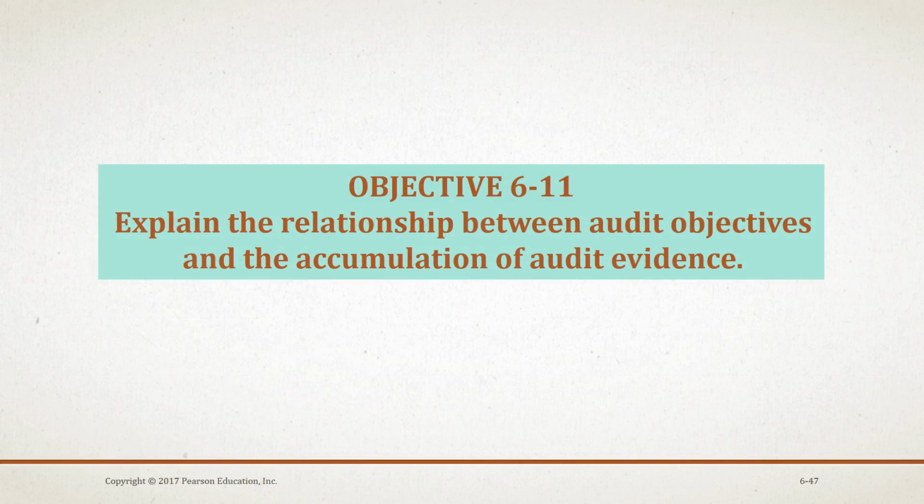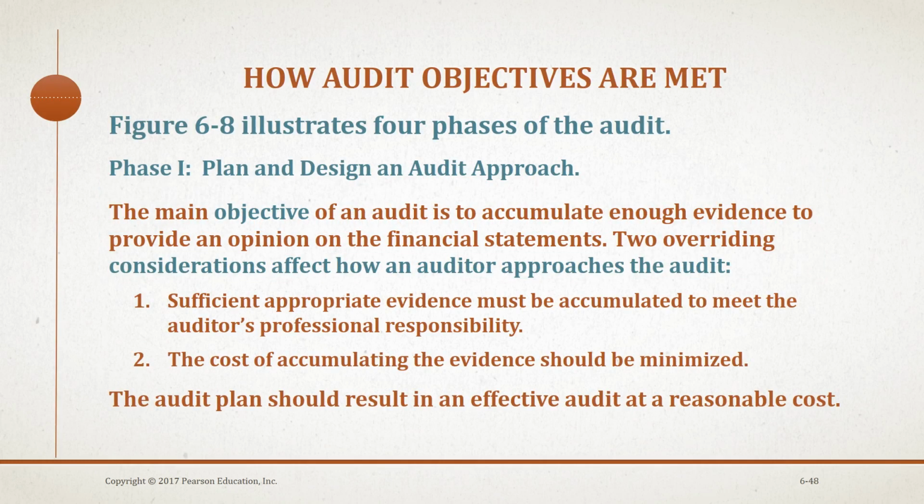Let's talk now about the audit objectives relationship and accumulating audit evidence. 4 typical phases of the audit. Number 1, plan and design an audit approach. The main objective of any audit is to accumulate enough evidence to provide an opinion. There are 2 considerations which affect how an auditor approaches the audit.